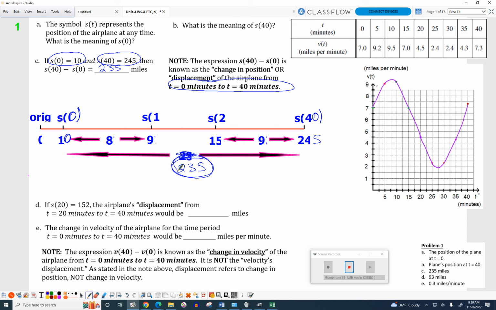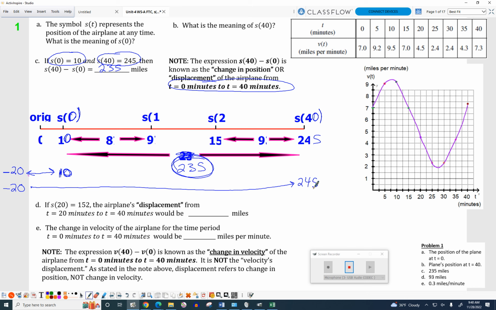I still start at location 10, but then for some reason I go the wrong direction, this way, until I get all the way to location -20. Then I realize I'm going the wrong direction, so I go back, and now I go all the way to location 245.